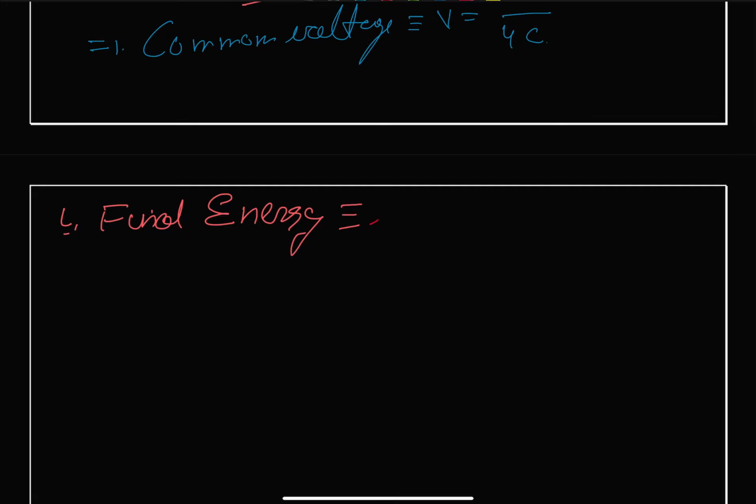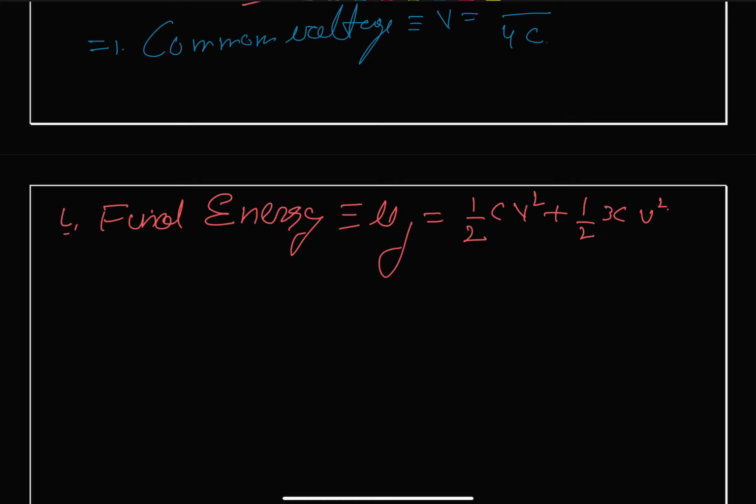Let us call that U final, which will be equal to half CV square plus half 3C V square.